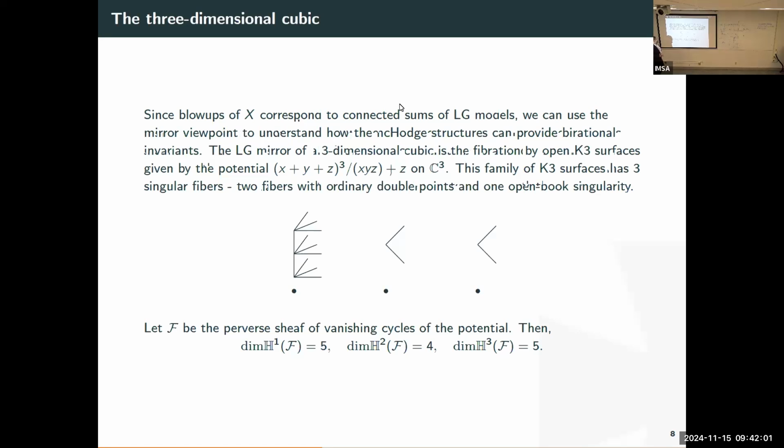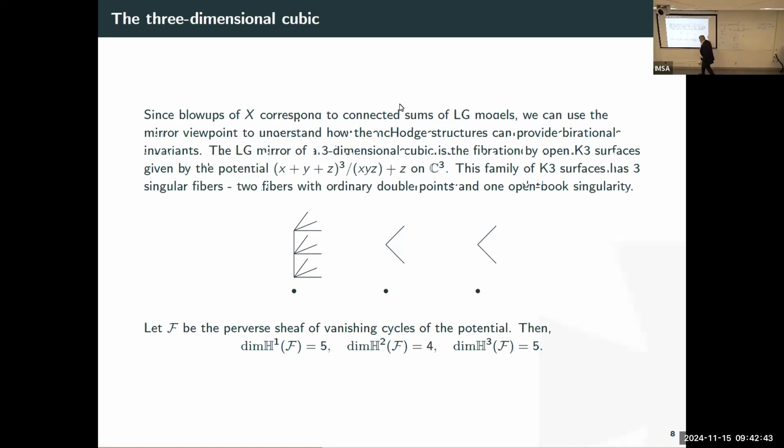But what we have observed is that you can read quite a bit about the Hodge diamond by looking at the perverse sheaf of vanishing cycles associated with this Landau-Ginzburg model. And so the corresponding hypercohomology of the perverse sheaf of vanishing cycles are exactly 5, 4, and 5, as it just means that you have rotated the Hodge diamond a little bit, and then you get the same number.